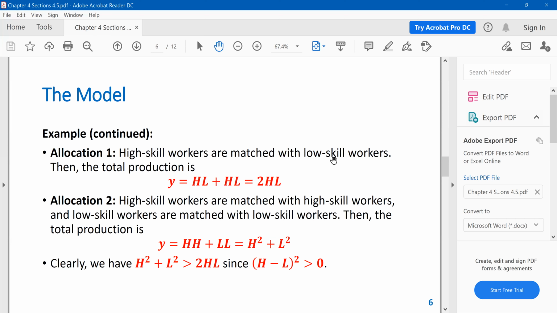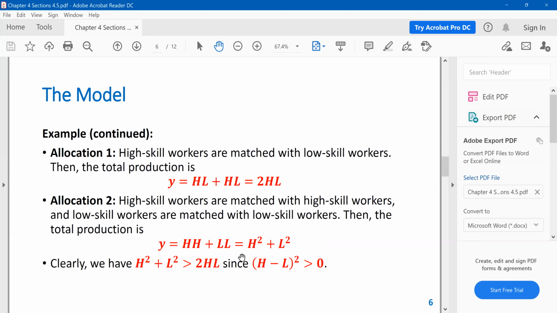Now in the other allocation, we look at what we call assortative matching. All right. Now I am matching high-skilled workers together with the high-skilled guys and low-skilled workers together with the low-skilled guys. All right. So in one production cycle, in one production line, I have 2 high-skilled guys producing the good, and in the other production line or other production cycle, I have the low-skilled guys.